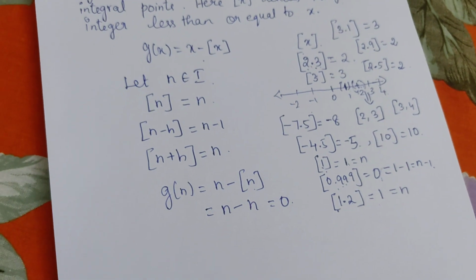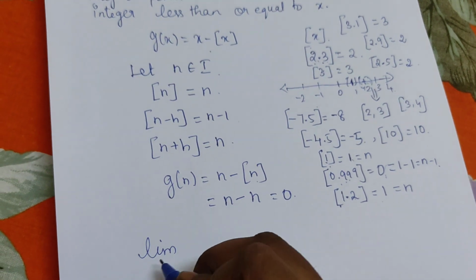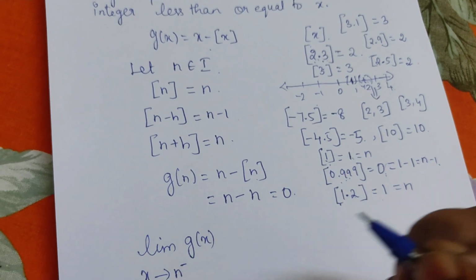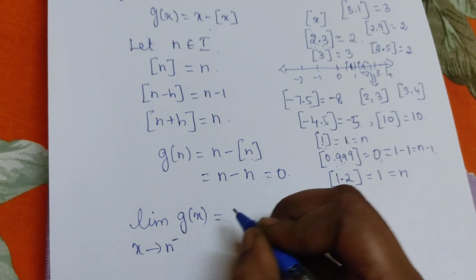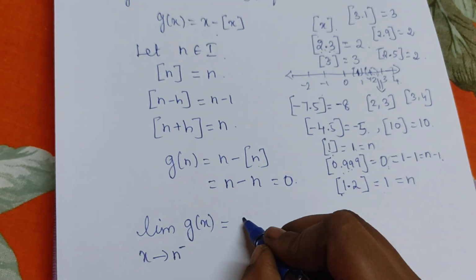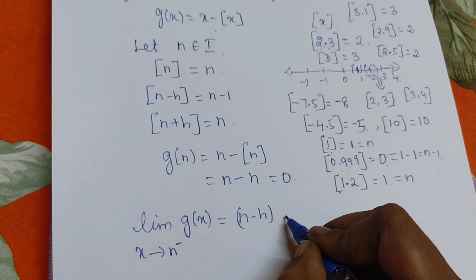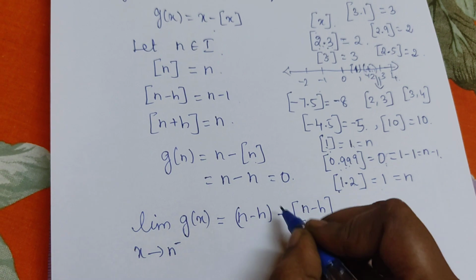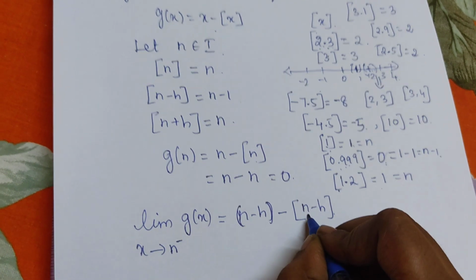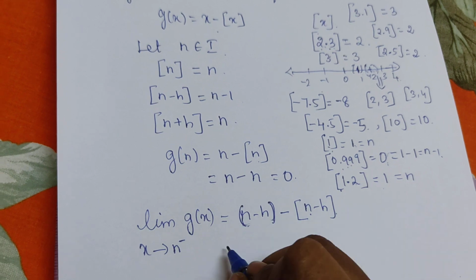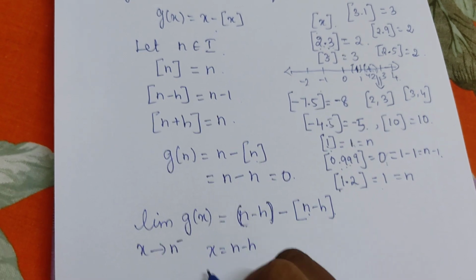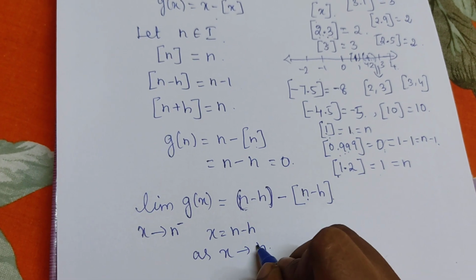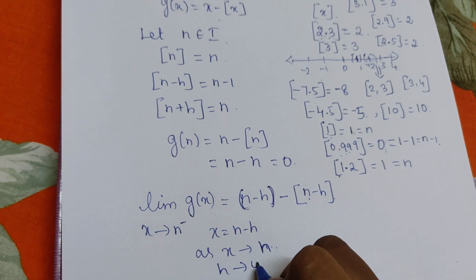Now I will calculate the limit of g of x as x tends to n from the left hand neighborhood. In the left hand neighborhood, I will write n minus h, minus box of n minus h. Here I am applying the box for the second number. When x is equal to n minus h, as x tends to n, h tends to 0.